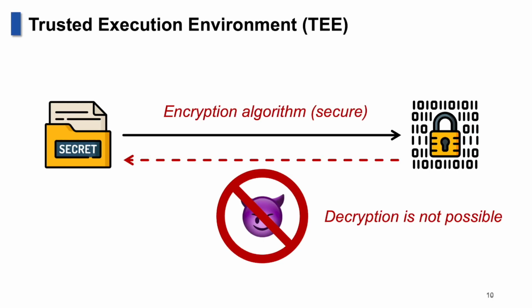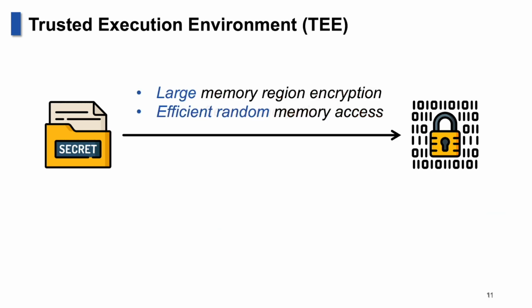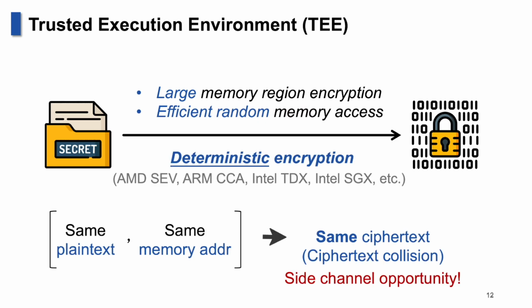Well, the good news is that modern encryption algorithms are generally considered secure, and it's basically impossible for attackers to decrypt protected memory content. However, that doesn't prevent side-channel attacks. You see, TEEs need to support the encryption of large memory regions, and they also need to support random access to encrypted regions while keeping it efficient.